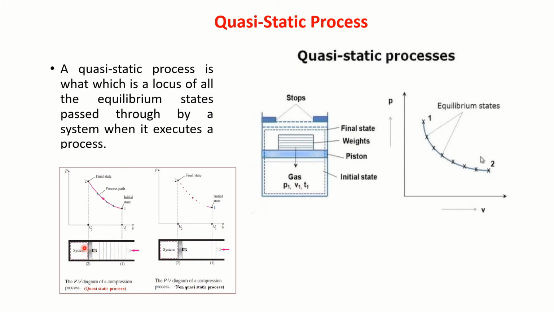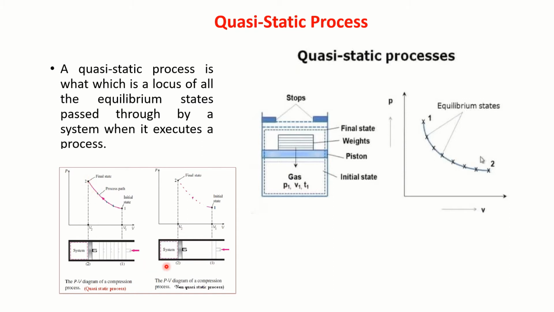Once again, I know its volume and its pressure. I go on marking like this. So every time I establish an equilibrium and go on marking these things. I can do it either in this direction or in this direction. So every point I have marked is an equilibrium state.